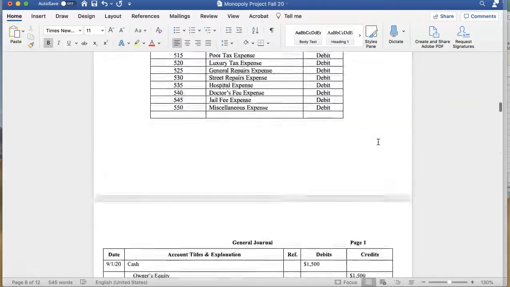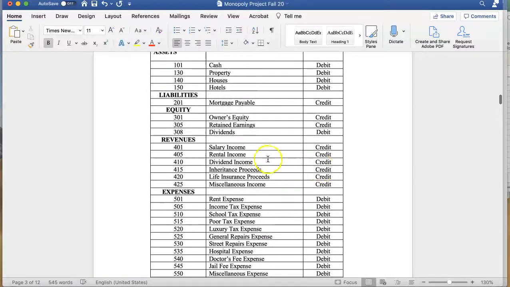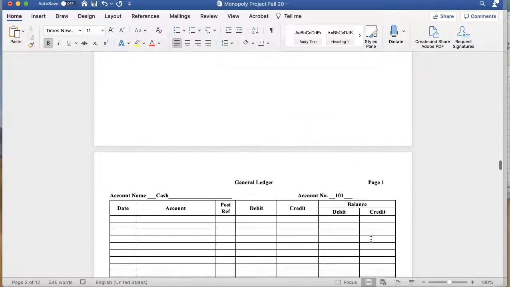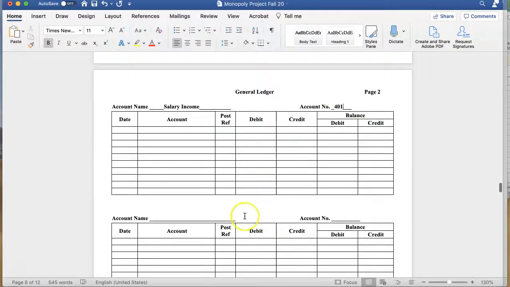I believe the next one would be rental income. Yes, that's correct, and it's 405. So rental income 405. Okay, let's go back up.